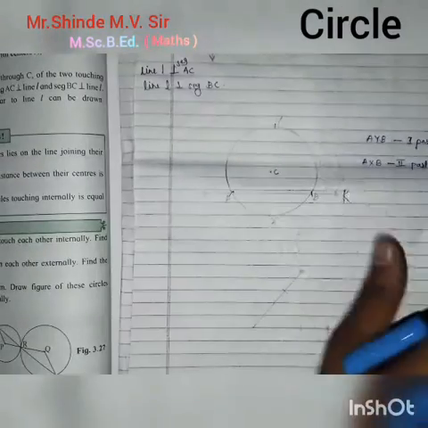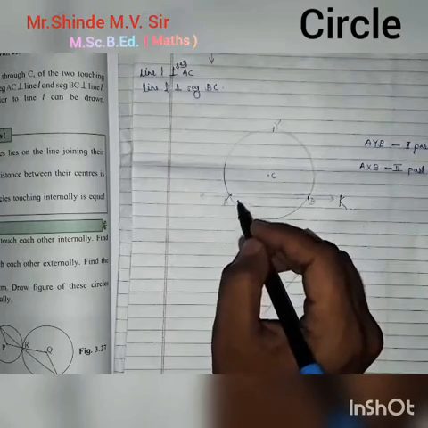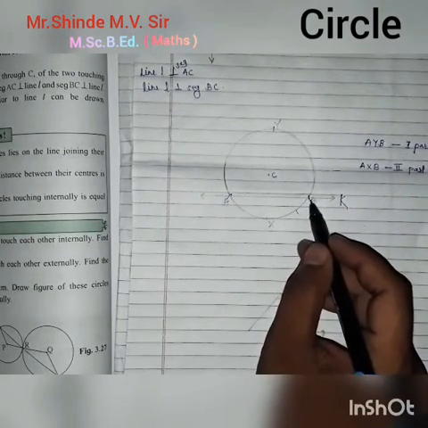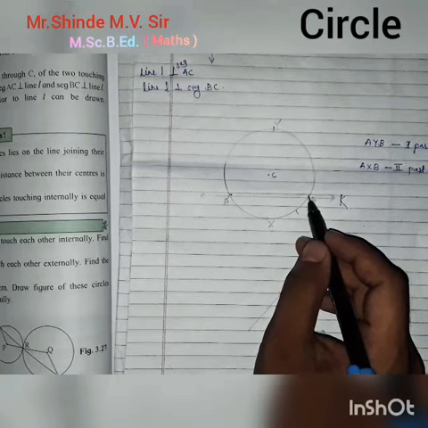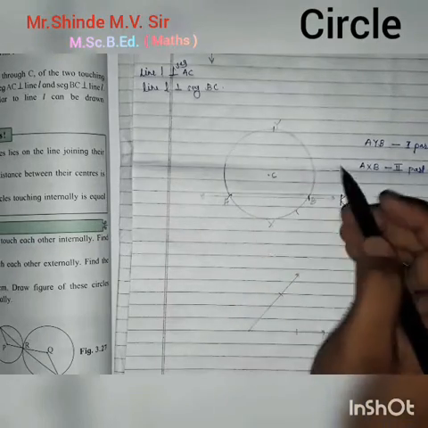A and B are the end points of the arc, and Y lies on the arc.